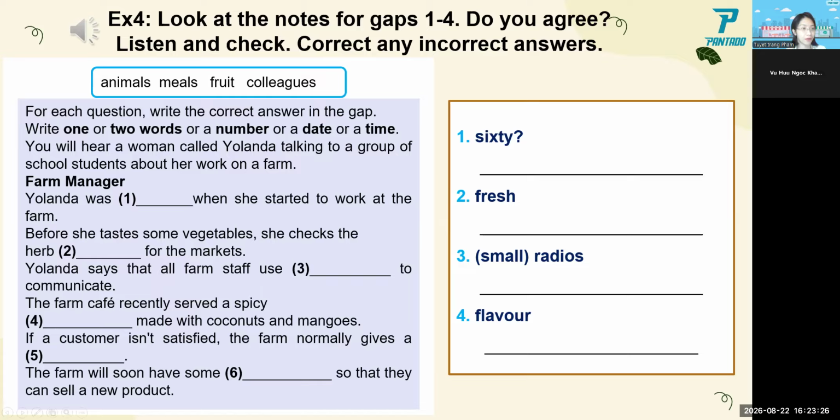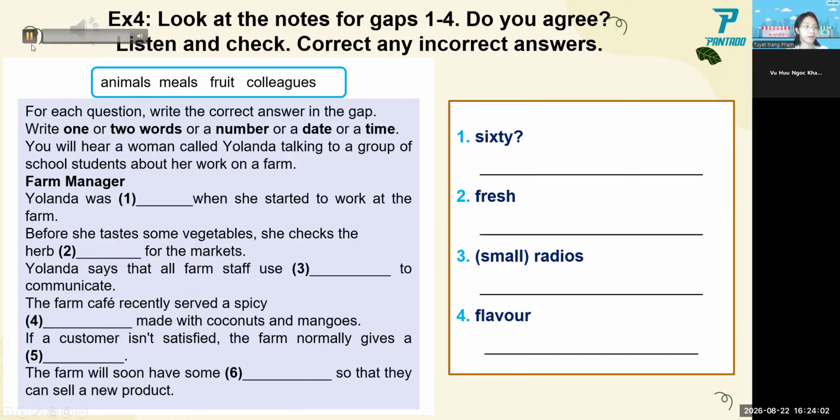Do you think it fits the gap here? Okay. Number one, you say yes. Number two, you say no. Number three, you say yes. And number four, you say no. Okay. And now we listen and check, please.